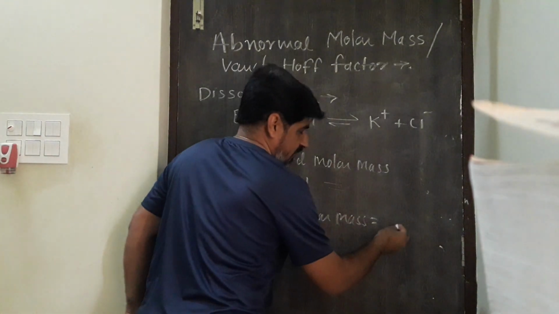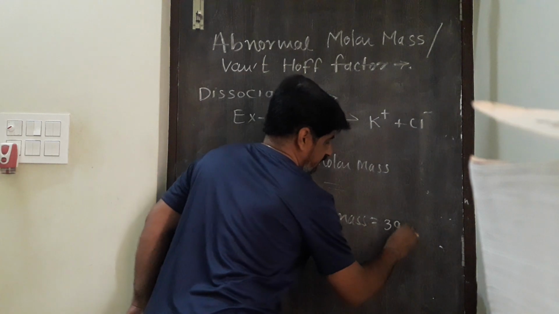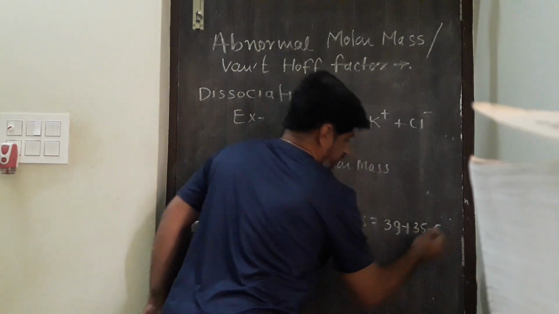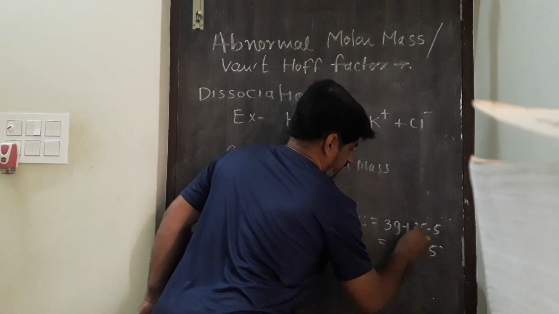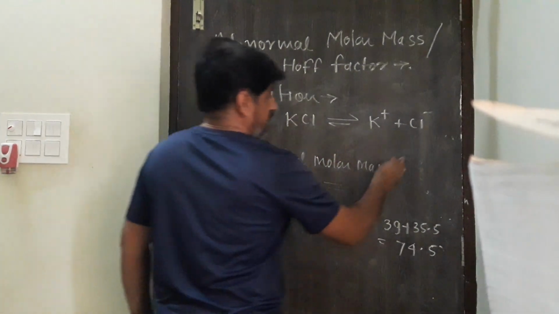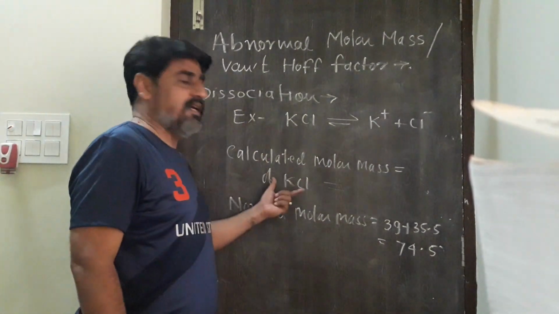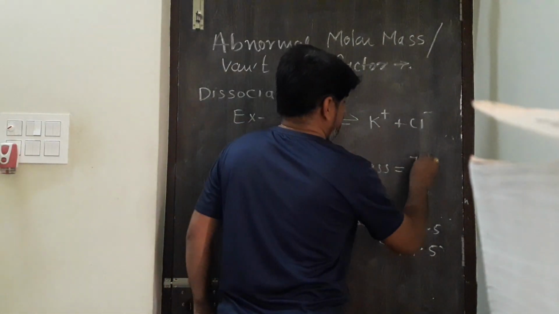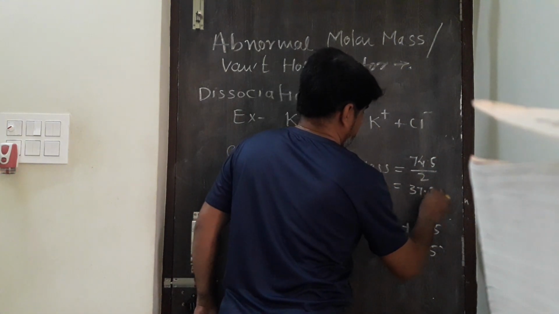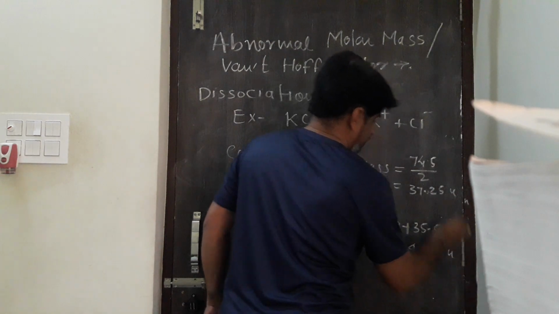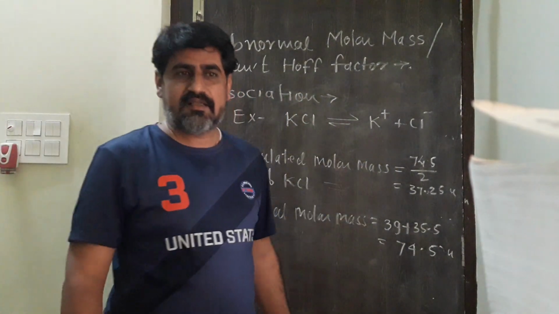The atomic mass of potassium is 39 and chlorine is 35.5. When I add these, 39 plus 35.5 gives 74.5. But the value of molar mass calculated through colligative property will be 74.5 upon 2, that is 37.25. This is abnormal molar mass.